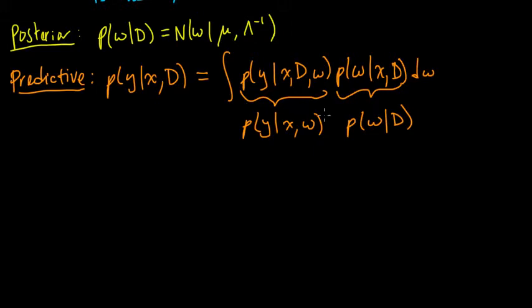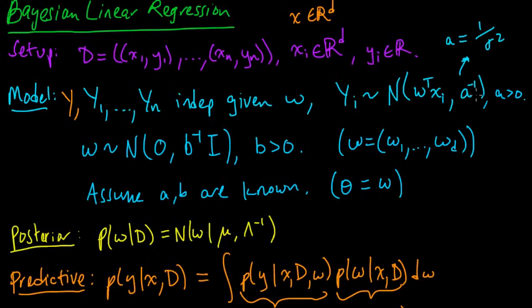All right, so with that out of the way, now we can rewrite this. Our model on y is normal, so it's a normal density. We'll use this shorthand, normal density on y with mean w transpose x and variance, what was the variance?